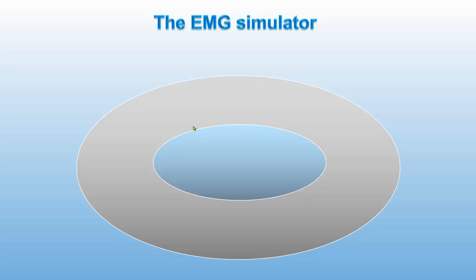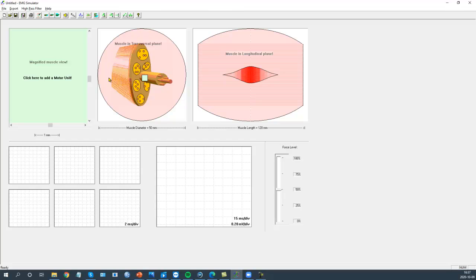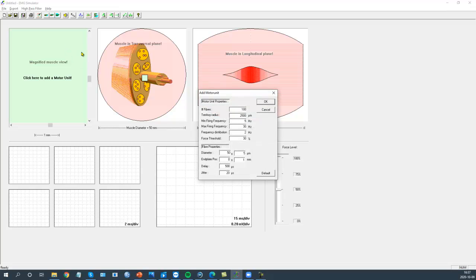Now we are going to use an EMG simulator for understanding of the relationship between the EMG signal and the generator, the muscle fiber that is. Here is the cross section of the muscle, longitudinal section of the muscle with motor end plates here, and an area where we can insert muscle fibers, which I do now.